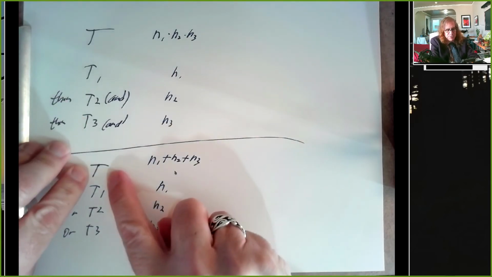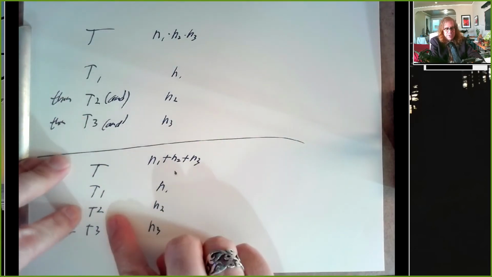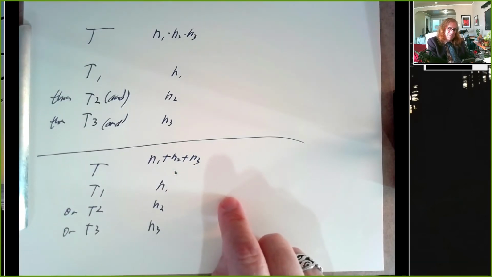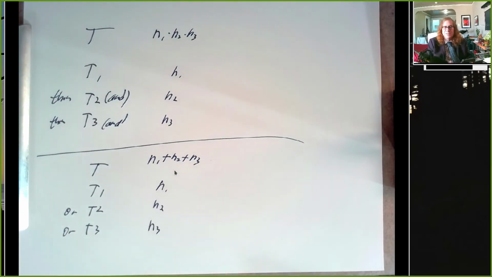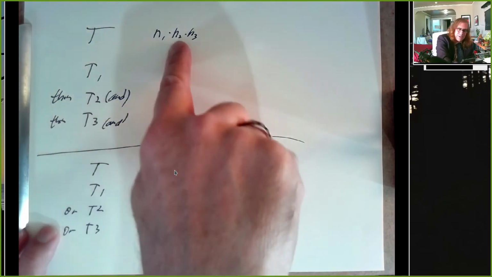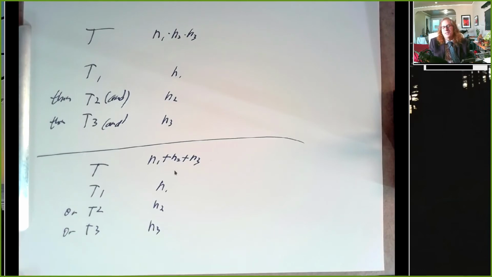If you can do T by doing T1 or T2 or T3, it's a sum rule. And this is again another revisitation of this idea that OR goes with sums and AND goes with products. Right? That's going to keep coming up again and again in life, but especially in computer science and engineering life.